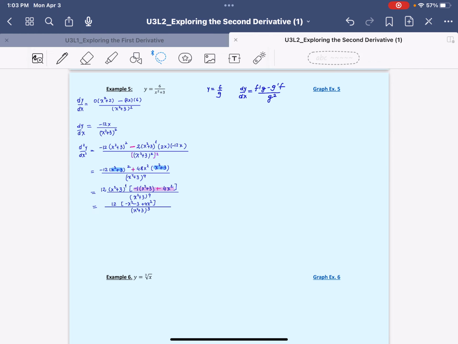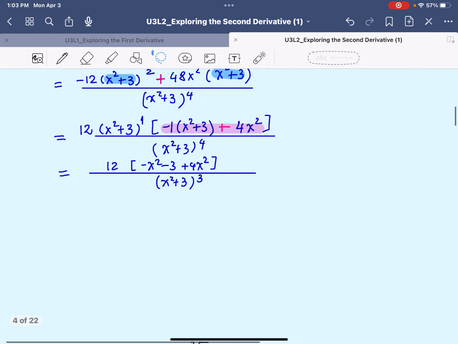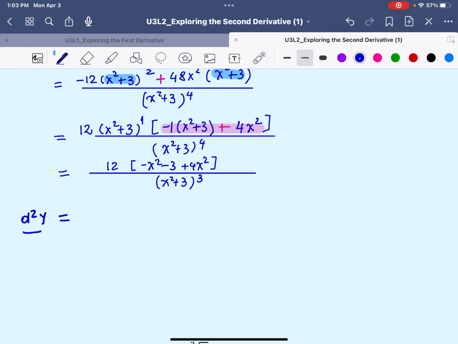Or else I'm going to zoom in so we can see it. All right, so we're still doing the second derivative. We're not done yet. And what we see is a 12. 4x squared and minus x squared will give 3x squared. And then minus 3. All this over x squared plus 3 to the power of 3.